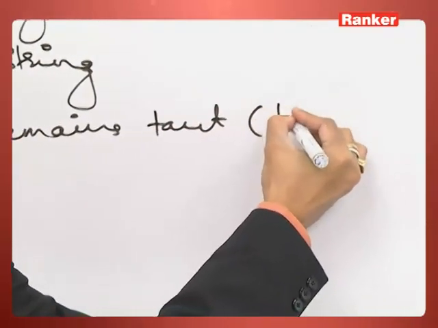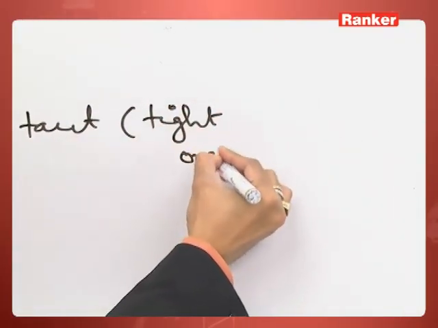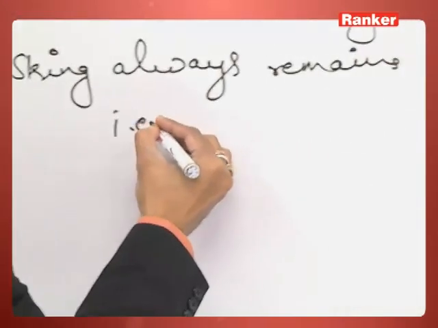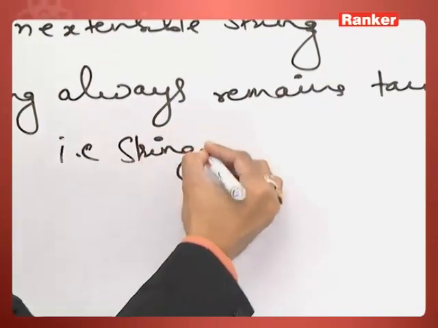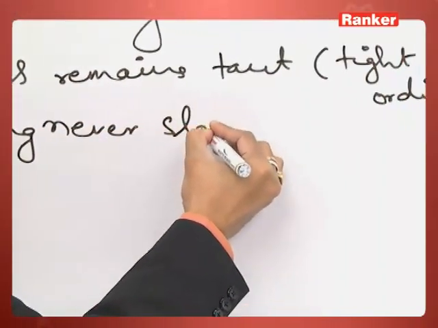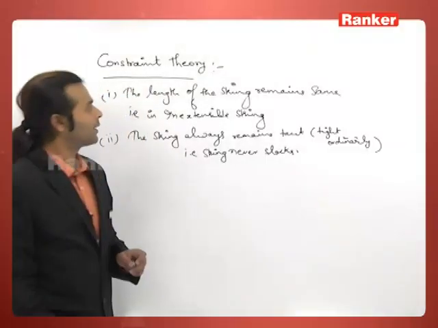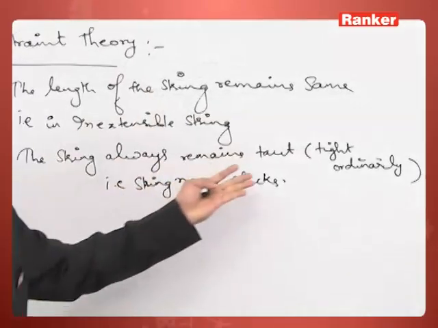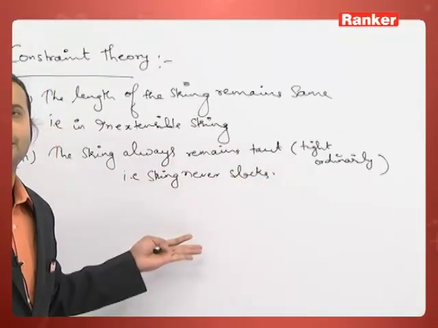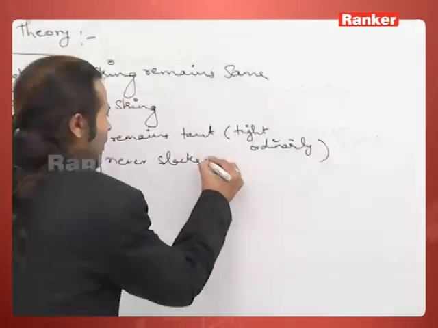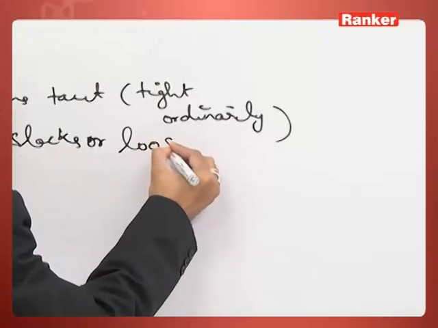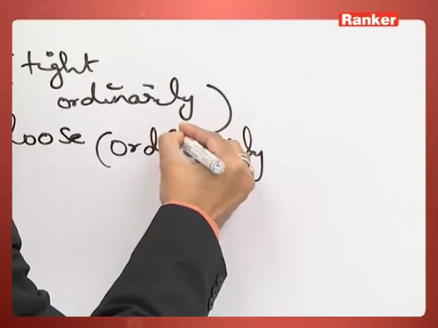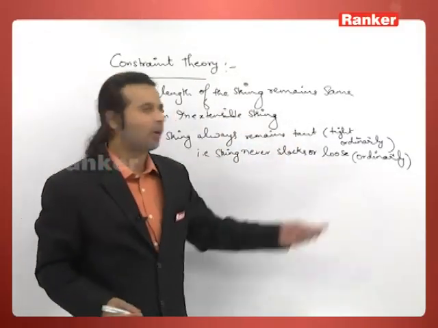Taut means tight ordinarily, that is, the string never slacks. So the length of the string remains the same, that is, in an inextensible string the string always remains taut, or the string never slacks or becomes loose.